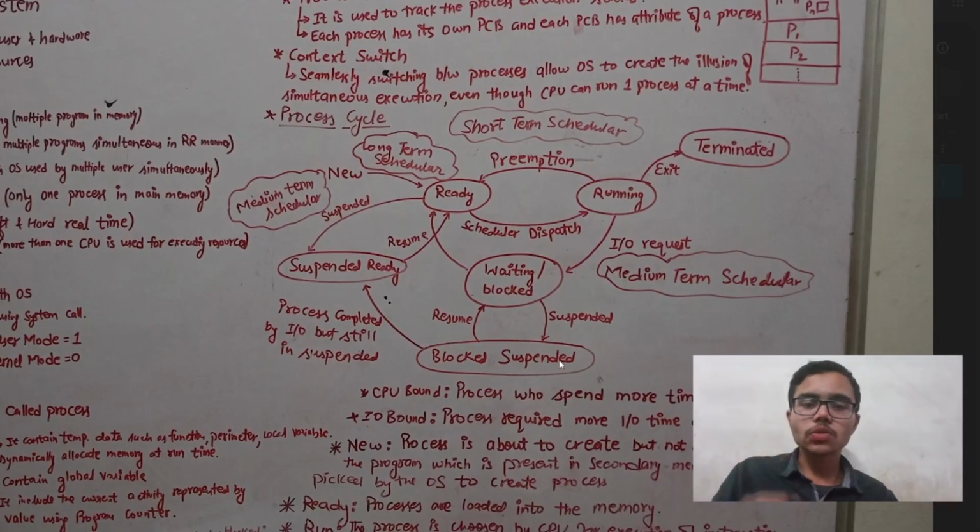There's one PYQ also: in which state is the process in main memory, and in which state does it come to secondary memory? You have to know that in these three states, ready state, running state, and block state, the process is present in the main memory.